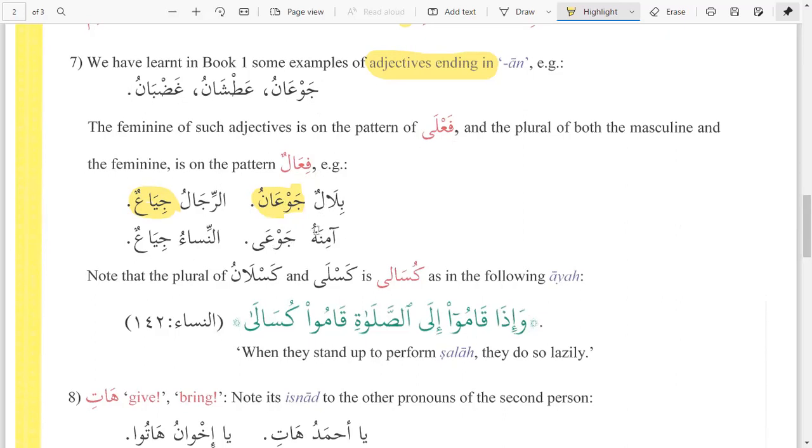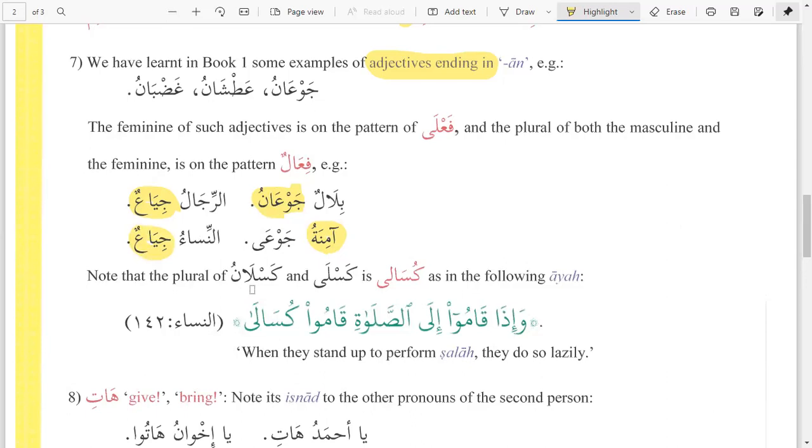Amina is singular feminine, so we use jaw'a. An-nisa'u, the women, is plural. So for the plural feminine, we use the same ji'aun. The plural of the masculine and the feminine is the same.